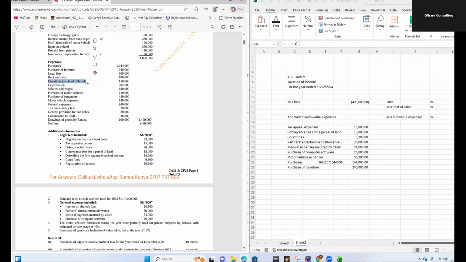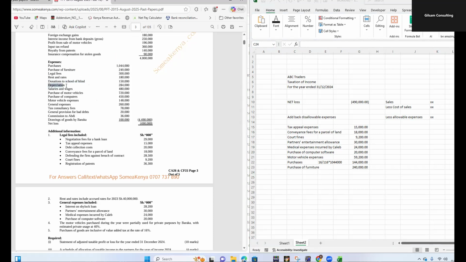If you are contributing to political parties, we disallow. But if it is for a charitable organization like School of Blind and other schools, then you allow. Also NGOs, but they must be registered.